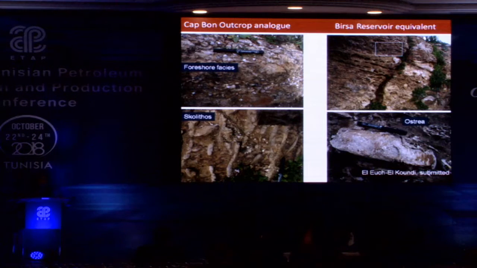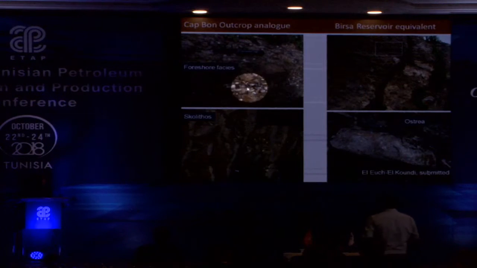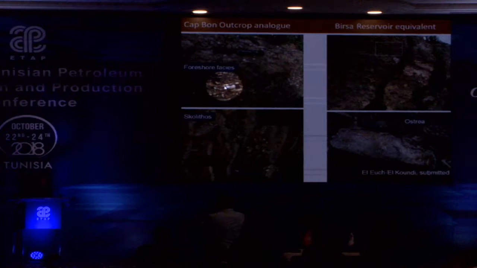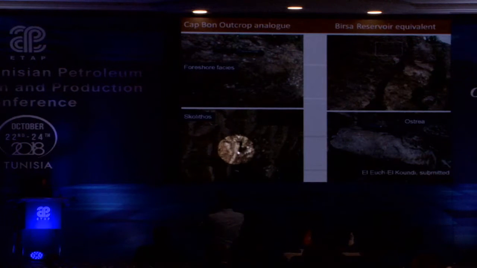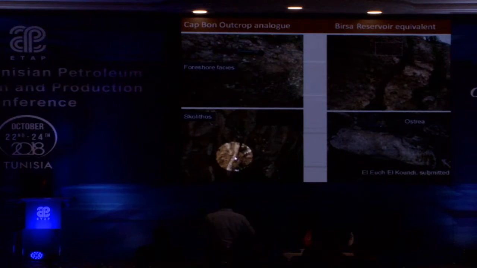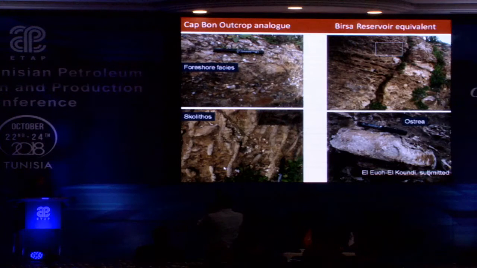In the middle part of the Beglia formation, the equivalent of the Birsa formation, we can see a very coarse-grained sandstone with quartz pebbles that corresponds to foreshore facies. We see here a medium-grained sandstone with a high degree of burrows, essentially Skolithos burrows.